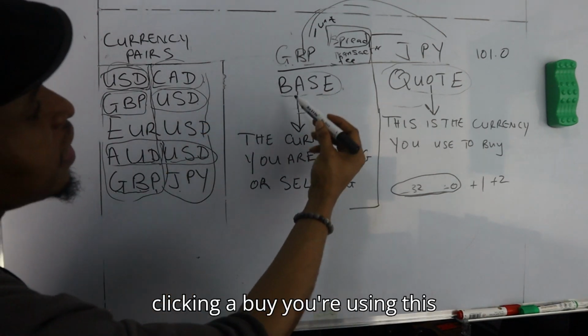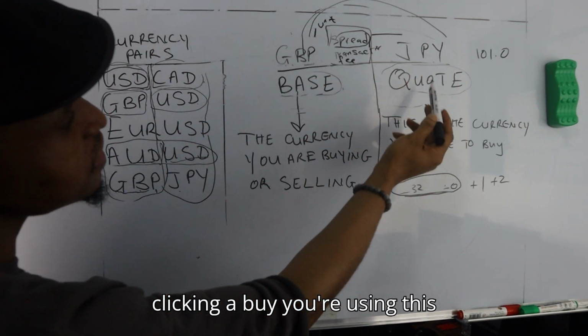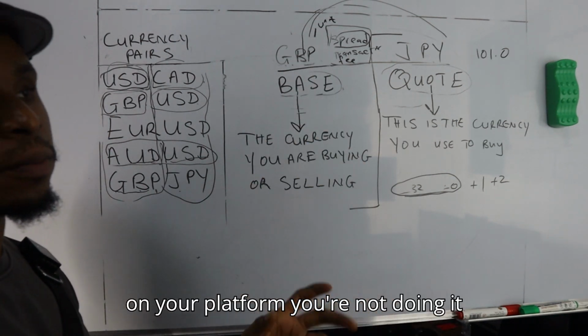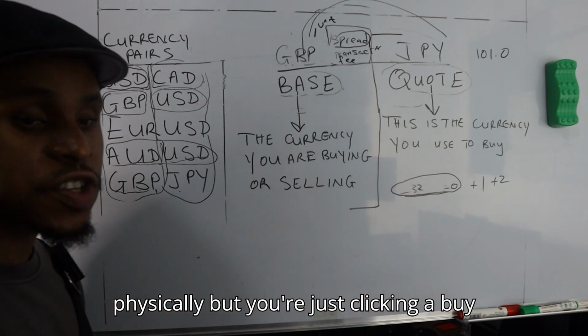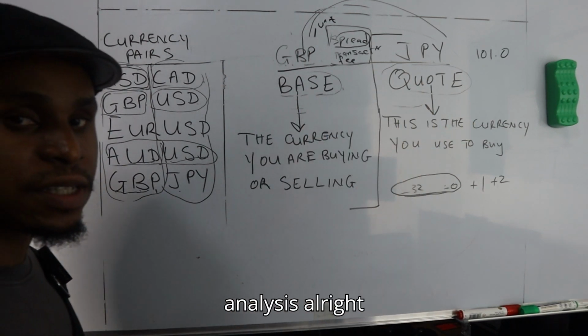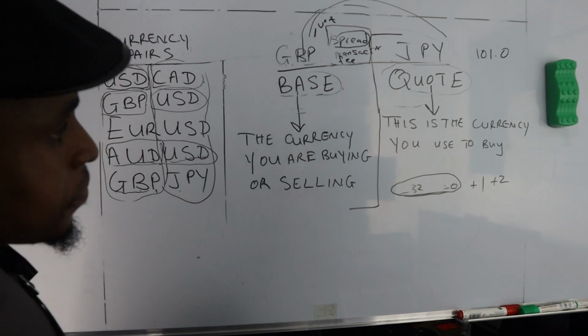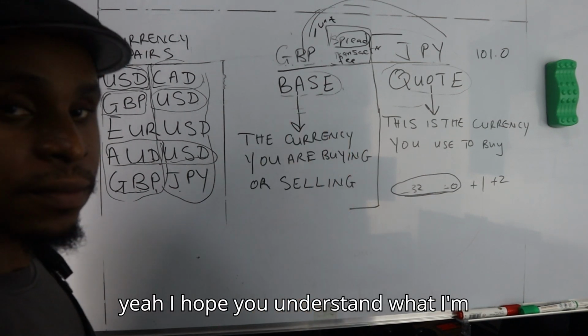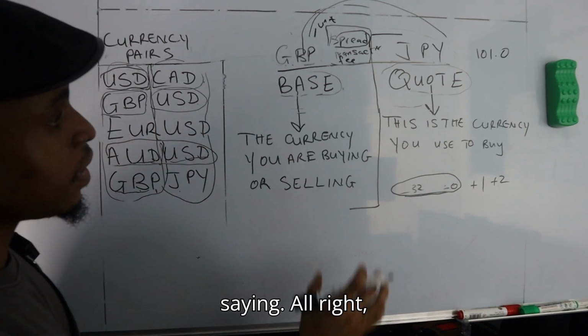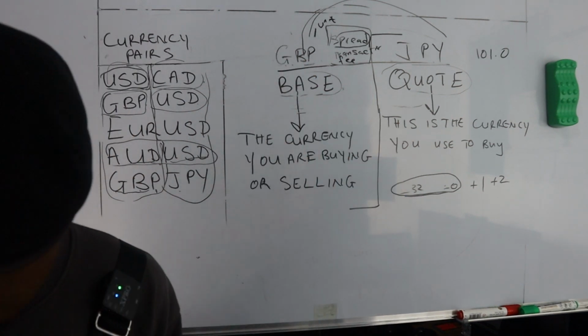Which means that if you're clicking a buy, you're using this currency to buy this, but it's just on your platform. You're not doing it physically, but you're just clicking a buy or a sell based on your analysis. I hope you understand what I'm saying. All right, let's go to the next chapter.